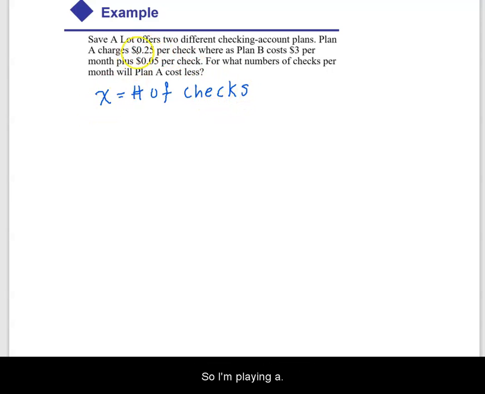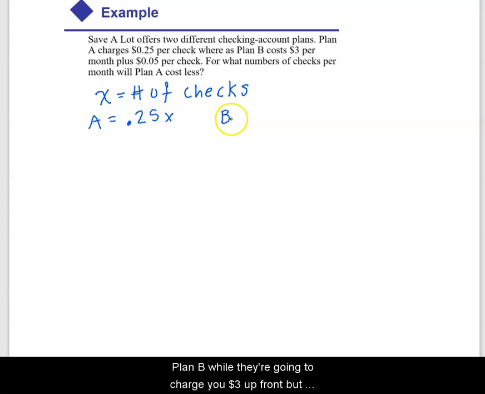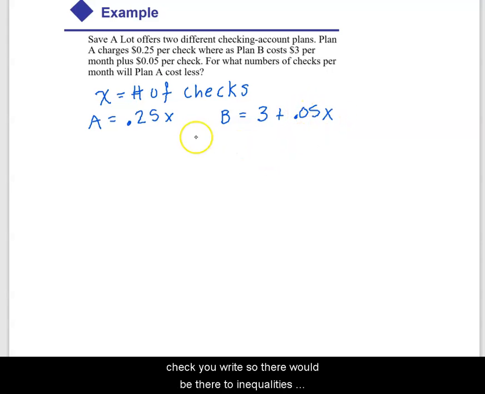So on Plan A, basically we know that it costs us 25 cents per check. Plan B, well, they're going to charge you $3 up front, but then they're only going to charge you 5 cents for every check you write. So there would be our 2 expressions.